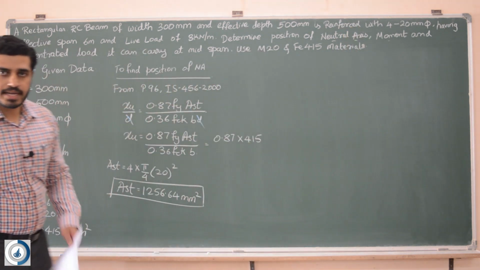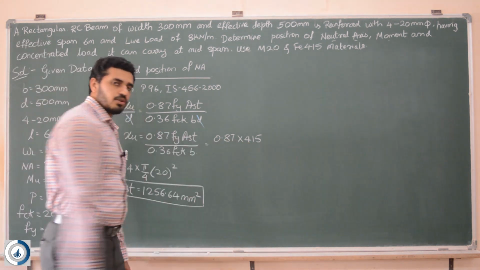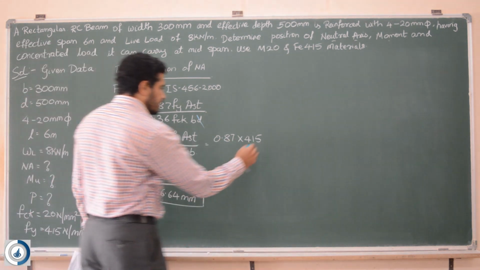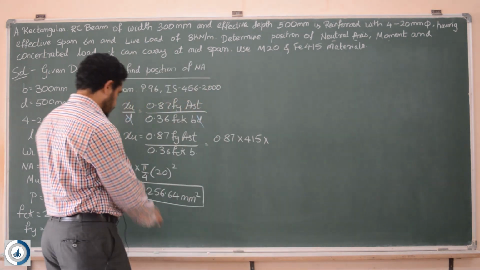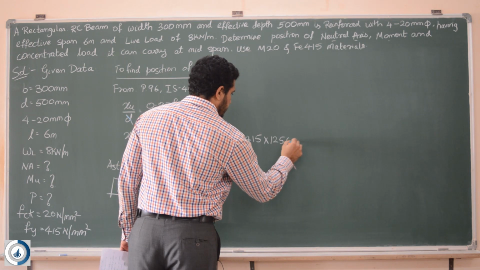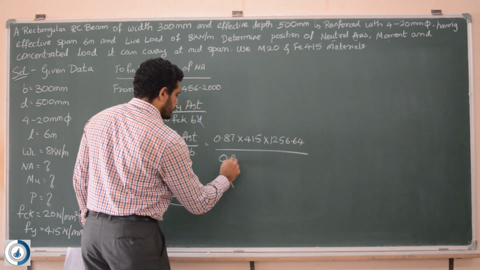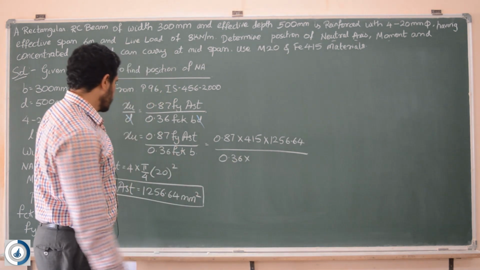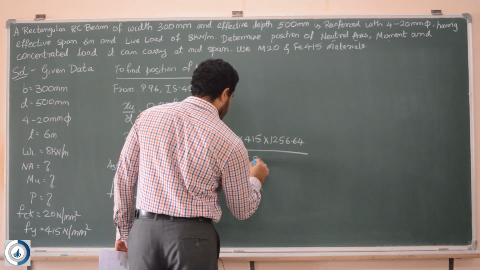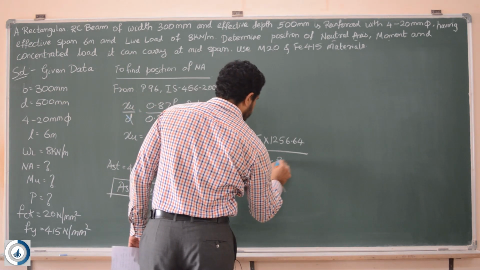Okay, so you can write down here fck and fy. Fy is given as 415 grade, and Ast you can substitute as 1256.64, divided by 0.36 into fck, which is 20, that is M20 grade, and b is given here as 300 mm.